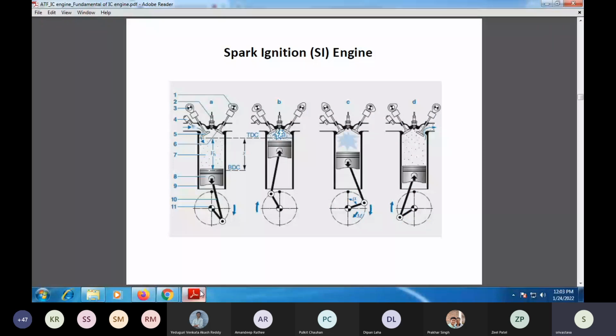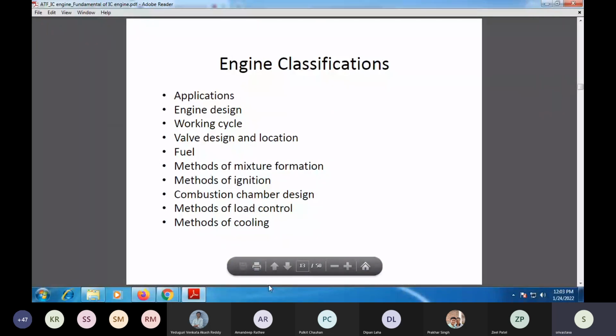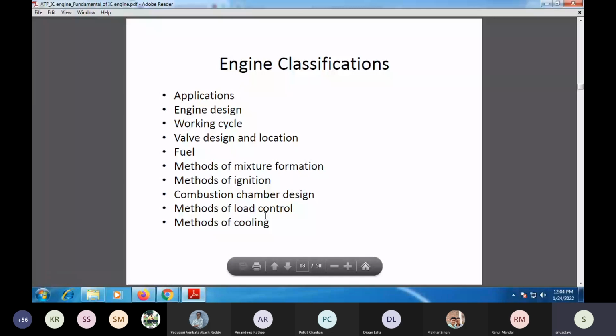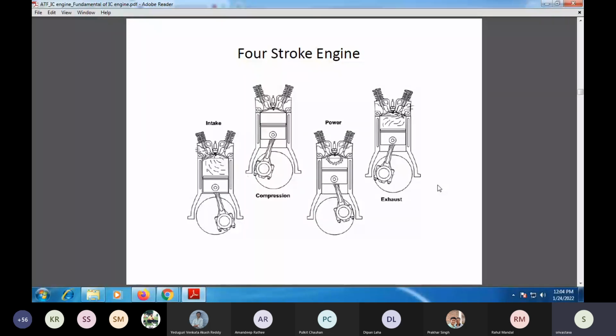So if you remember, what are the things we have covered in the last class? We discussed about... hold on. Sorry. Yeah. So we classified the engine based on several parameters, and then we were discussing the four-stroke engine.